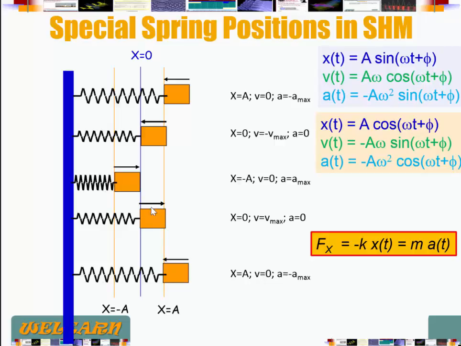In the equilibrium position here, again, the x position is 0, the acceleration is 0, but opposite to this position, the velocity is positive since my mass is moving forward. So my velocity is Vmax. And then here we go back to our initial position and we recycle back.